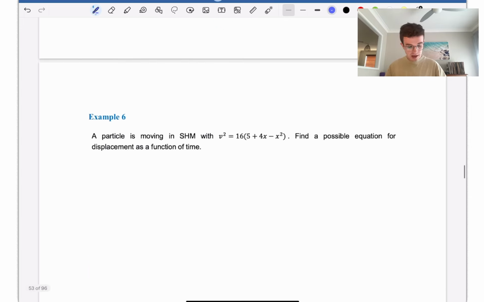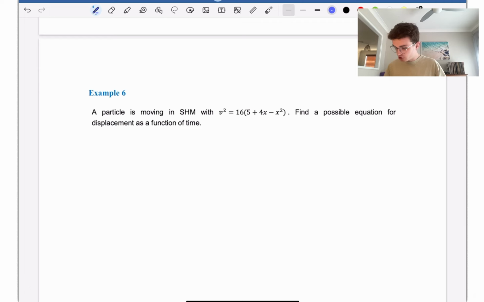Okay. Last example for simple harmonic motion, we've got an equation there and we want to know a possible equation for a function of time. So we should remember that all functions that are in simple harmonic motion have this particular formula here. And we're going to try and find that form there.